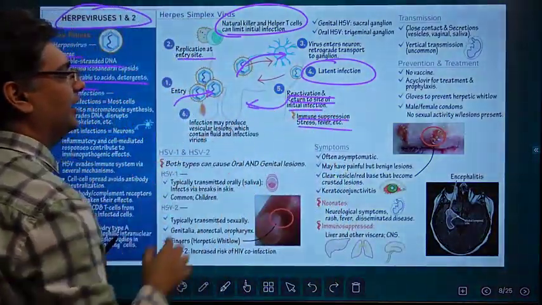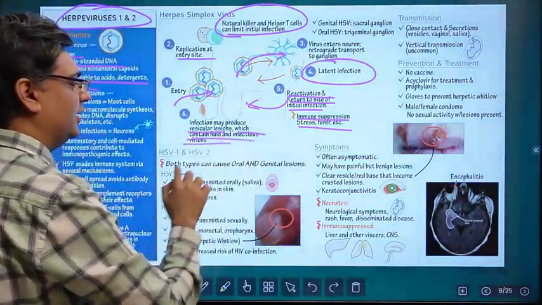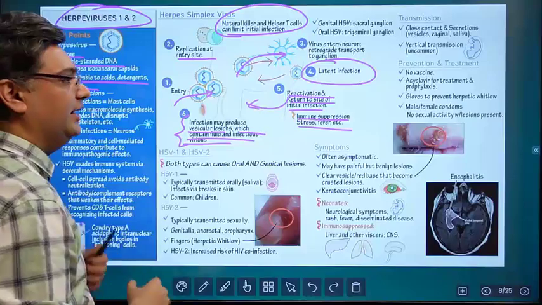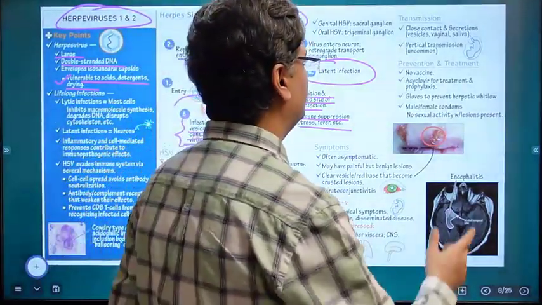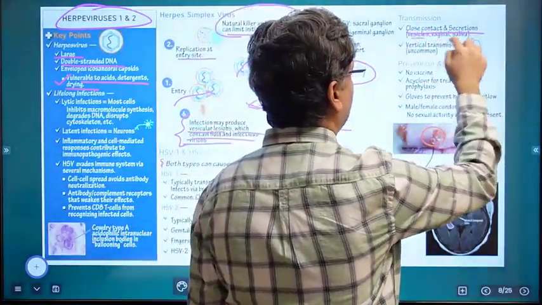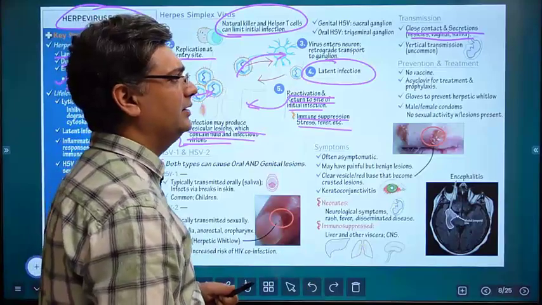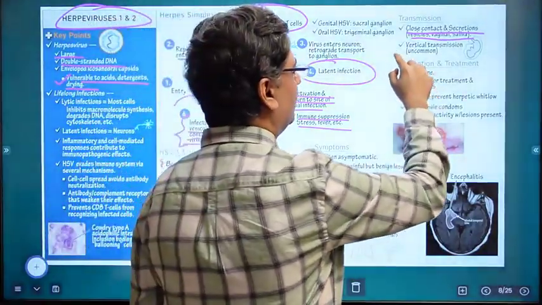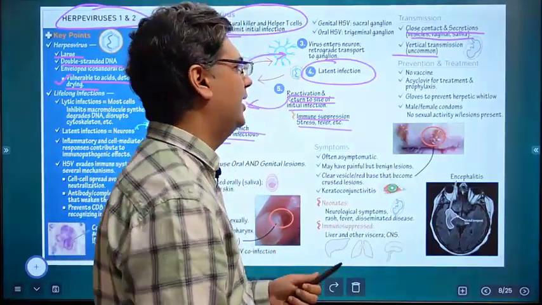It can travel back to the site of infection, and we have vesicles which contain fluid, and that is how it infects. Transmission is through close contact with secretions. We have vesicles in the oral cavity, sometimes vaginal secretions, and sometimes there is vertical transmission, from mother to the fetus, but that is very rare.